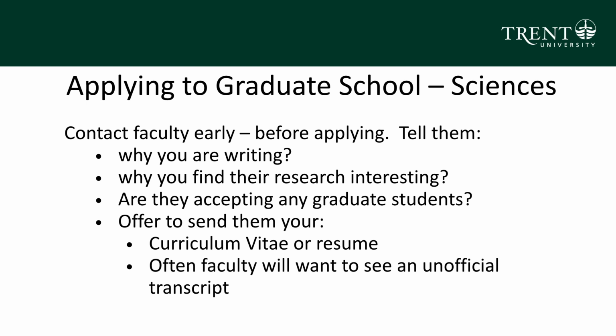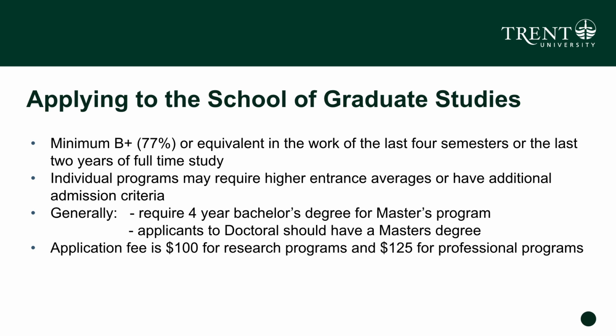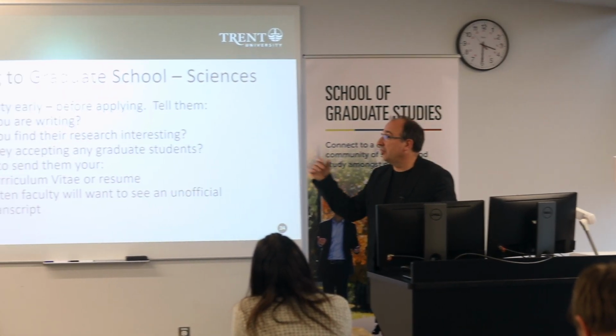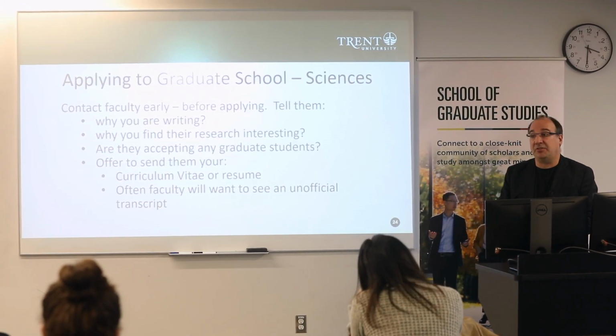If you have really strong grades, it's worth highlighting your average when you email a faculty member, because they can judge based on that average whether you might be competitive for scholarships or things like that, and that's important as faculty members evaluate whether to take on students or not. So these are just some tips on how to approach a potential supervisor.